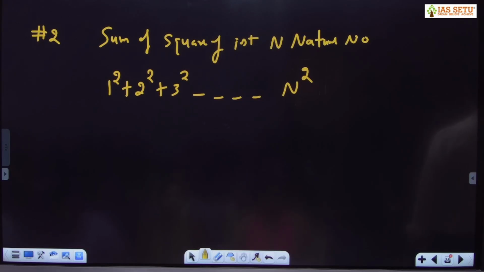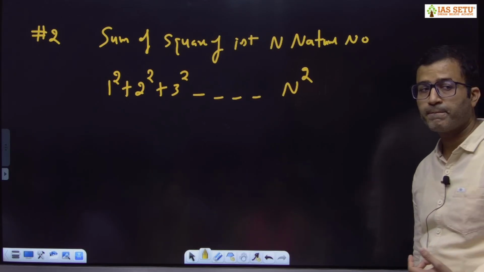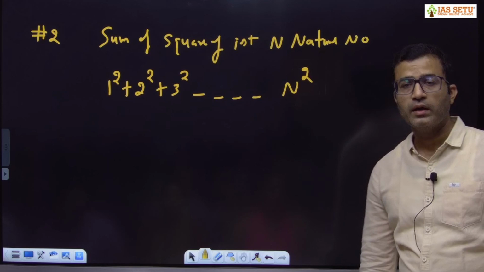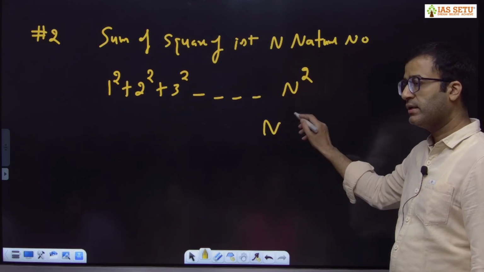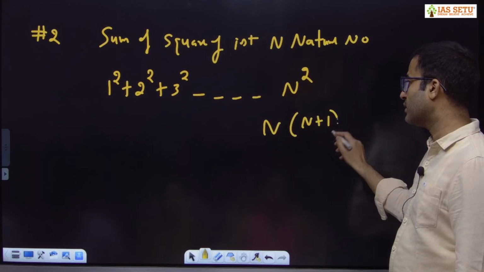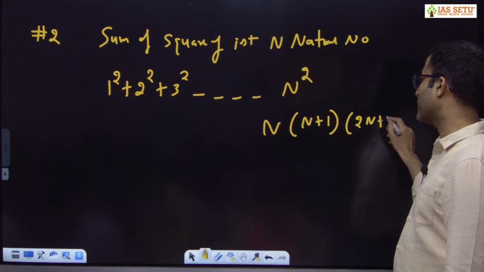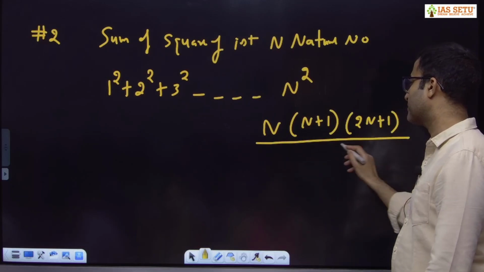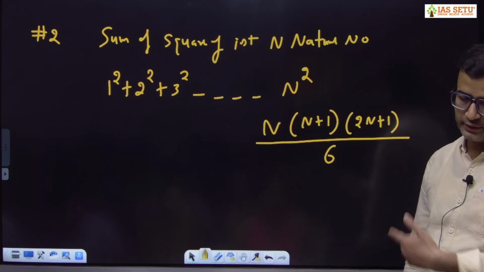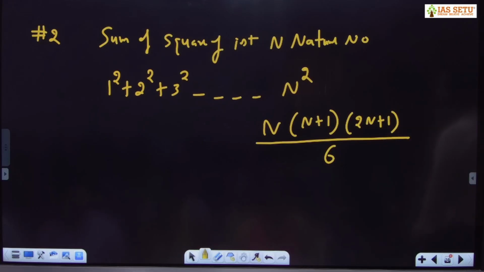Any one of you know this formula by chance? n into n plus 1 into 2n plus 1 divided by 6. You write: the sum of squares of first n natural numbers formula is n into n plus 1 into 2n plus 1 divided by 6.